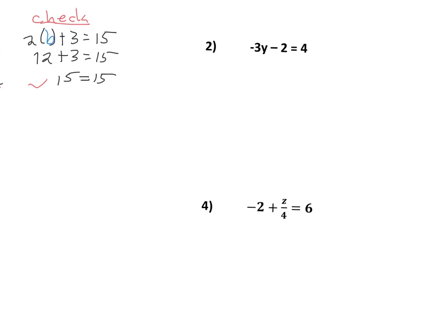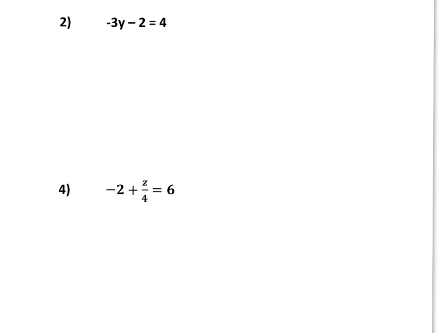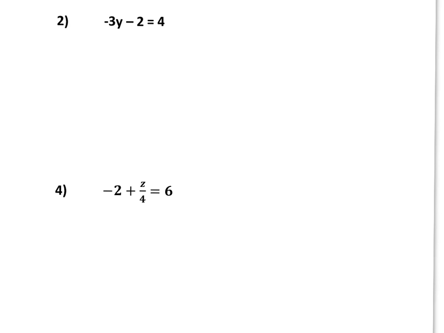Let's look at example 2. So for example 2, we're going to do the same process. We're going to draw a red line, and we're going to isolate this variable term. So we need to get rid of this negative 2. The opposite of minus 2 is a positive 2.